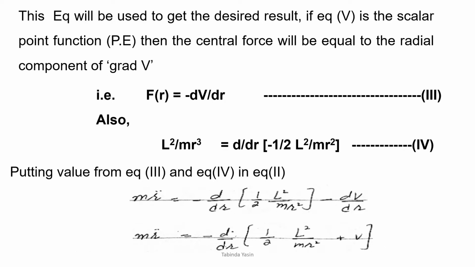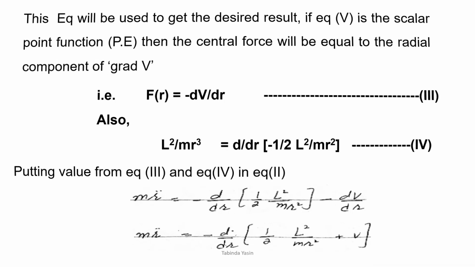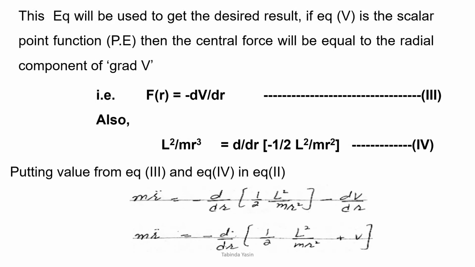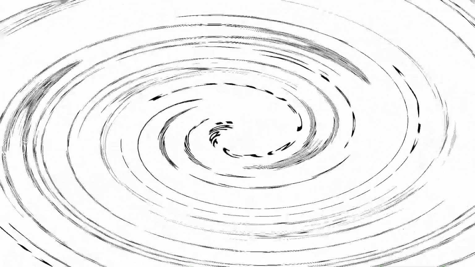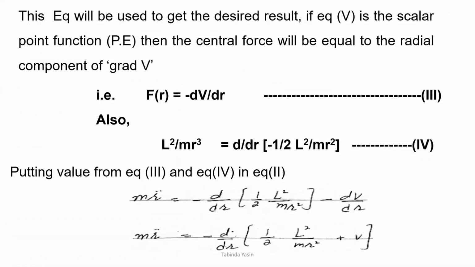Only 1 over r square can be converted to 1 over r cube if we take the differential d over dr. So assuming the differential form of L square over m r cube is equal to d over dr into minus 1 by 2 L square over m r square. Here if you work out that equation, you get the desired result. L square over m is constant.